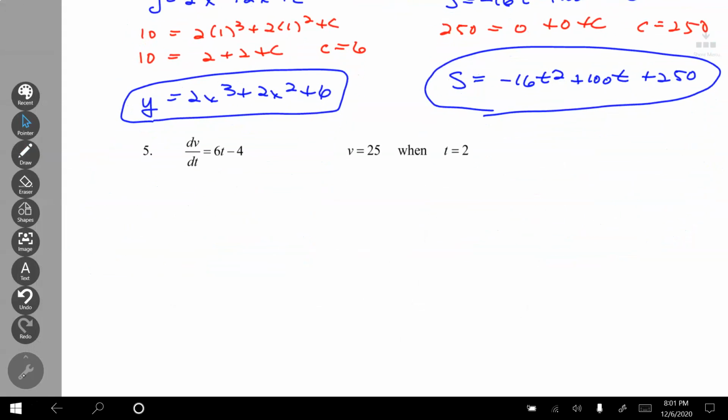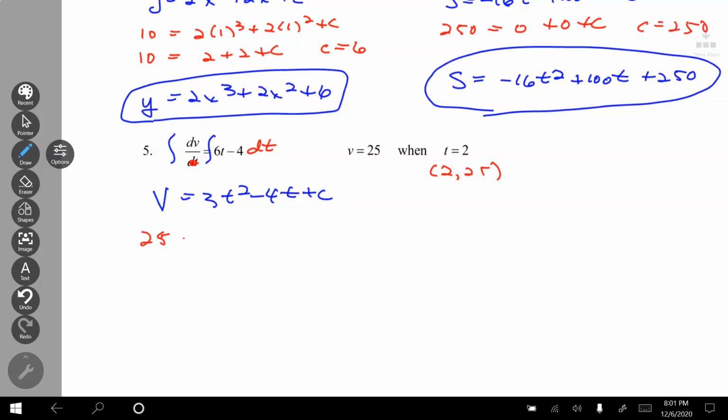I have another one here, except it's going to be a little bit more difficult because I'm going to move the dt over here. I'm going to take the integral. I get v equals 3t squared minus 4t plus c, except now my initial value is 2 comma 25.